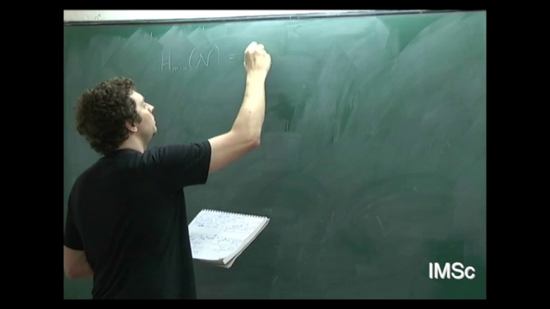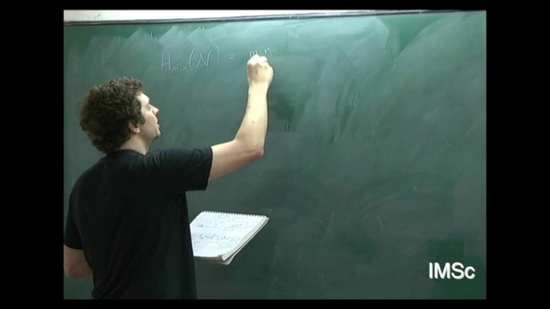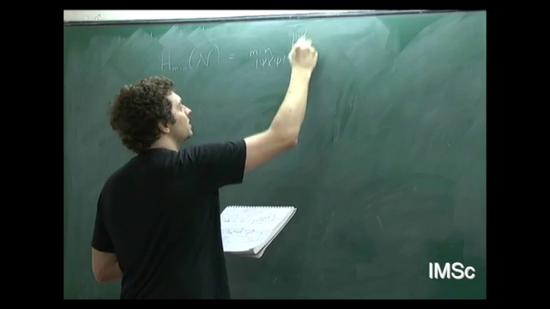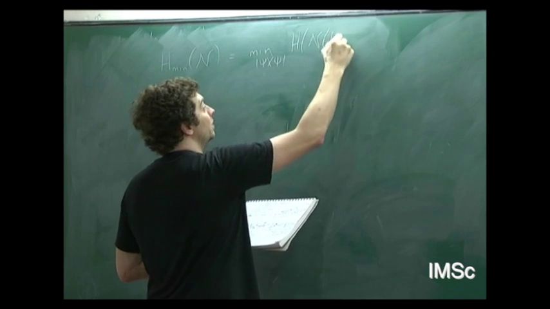Okay, so what I want to tell you now is about the following quantity. The minimum output entropy of a channel is just the minimum, over all pure states that you could put into it, of the entropy of the state that comes out of the channel when you put that pure state in.